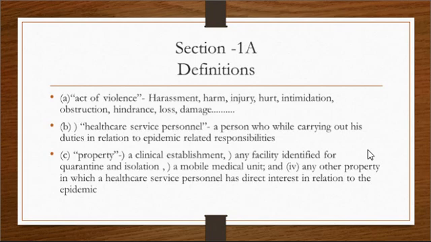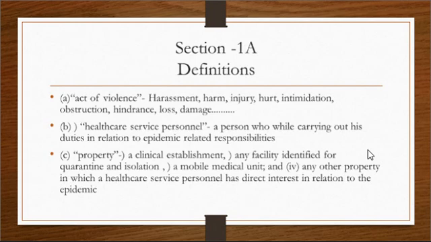If anyone causes any kind of obstruction or hindrance to healthcare service personnel who is discharging his duties, that is also an act of violence. If any person causes any kind of loss or damage to any property or any documents in the custody of healthcare service personnel, then that is also an act of violence.